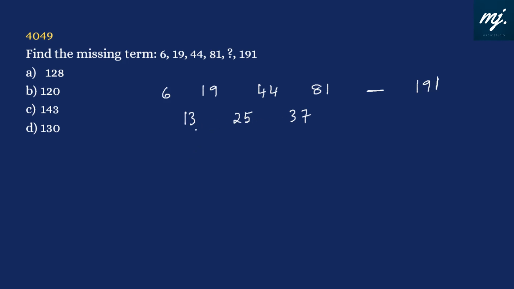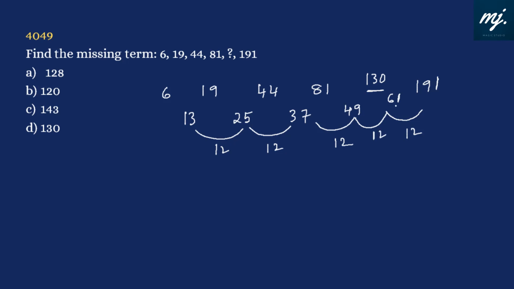These differences are not the same, but each difference increases by 12. So the next difference should be 37 plus 12, which is 49. Then 49 plus 81 is 130. And the difference to 191 is 61, which is 49 plus 12. Correct. 130 is the fit, option D.